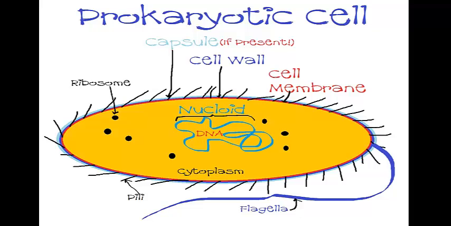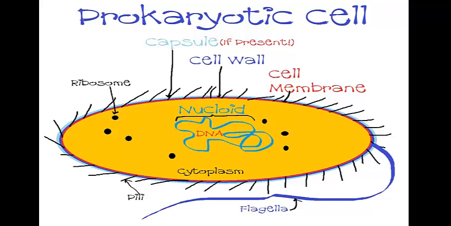Ribosomes are always present in prokaryotic cells, just like every other cell, eukaryotic and prokaryotic. The pili are small hair-like structures which are anchored in the membrane, which allow the prokaryotic cell to adhere to surfaces. The flagella is used for movement.